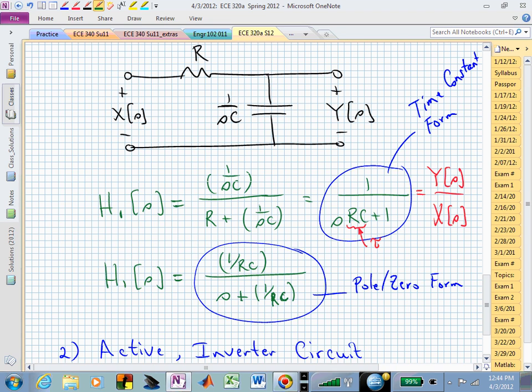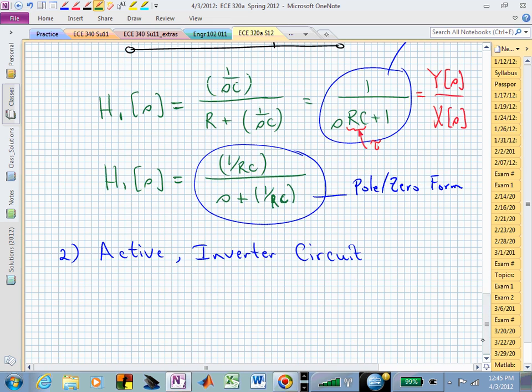And we will transform our transfer functions into time constant form when we want to sketch the Bode plot, because that's the form we want. We want to have this 1 as our constant there, and then all we have to worry about is where that pole or zero is located, and we can get that from its time constant.